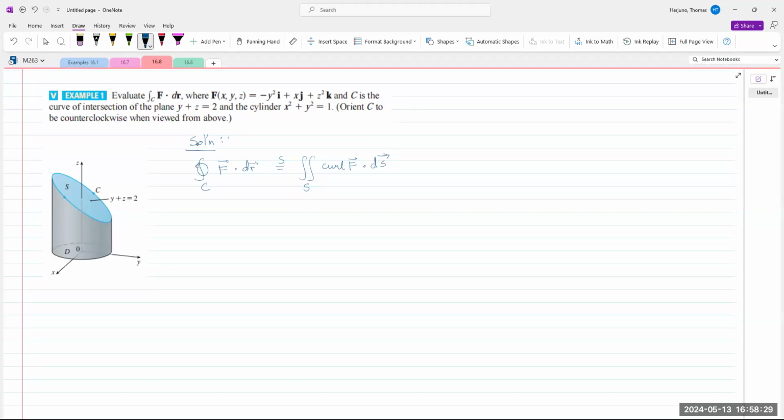First one, we need to work on the curl of vector field F. Now you may think the following: well, Thomas, we have a line integral, which is a one-dimensional integral. Why do you want to make it a double integral? There's a trade-off here.